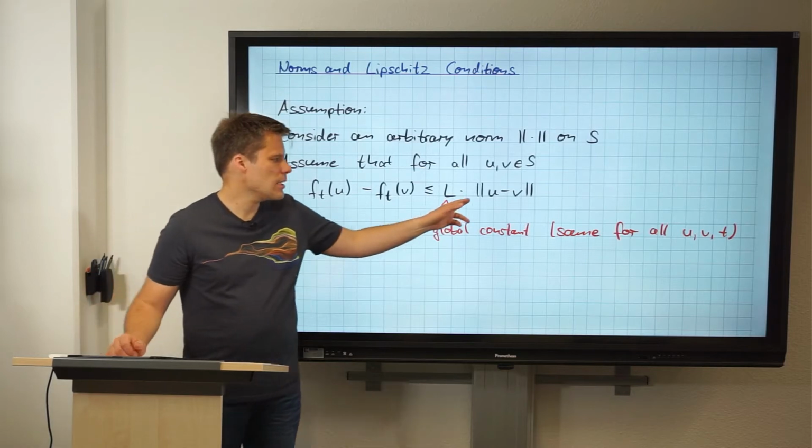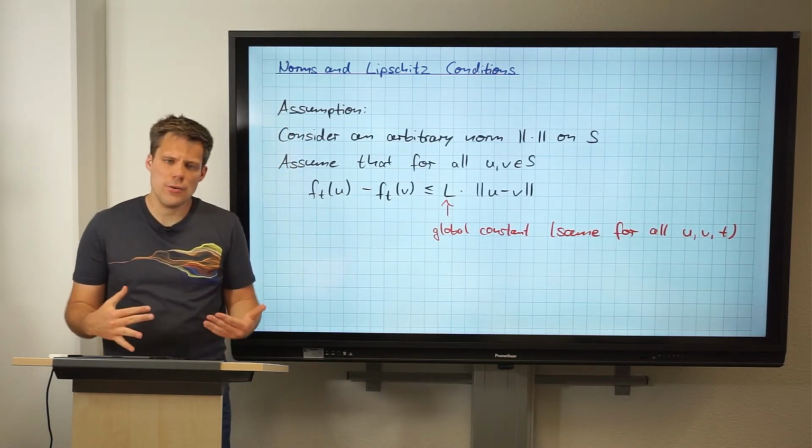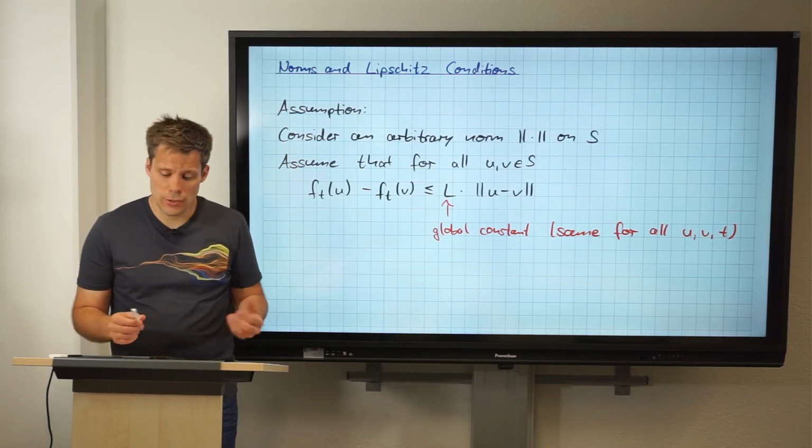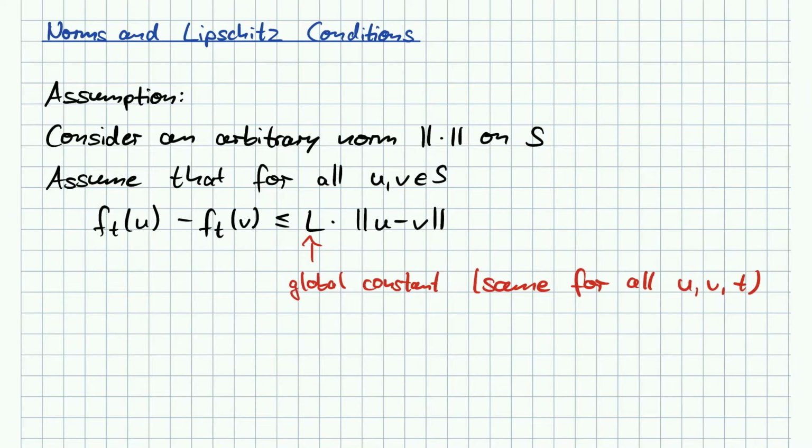But this does not necessarily have to be the Euclidean norm. It can be any norm. What could be such norms? Let's see some examples.